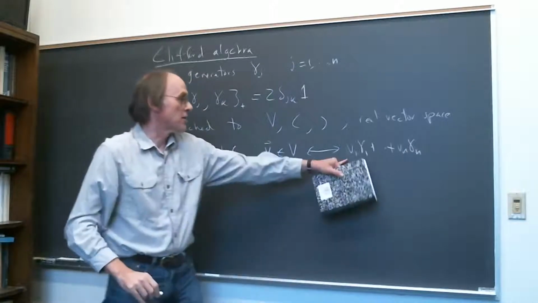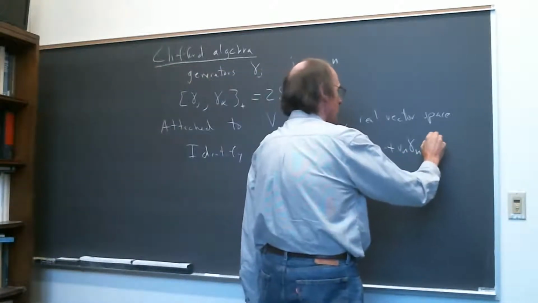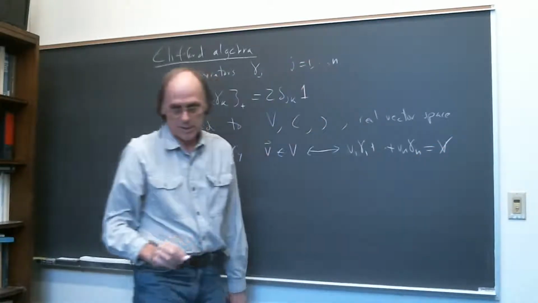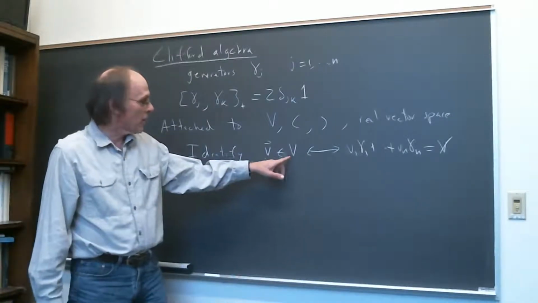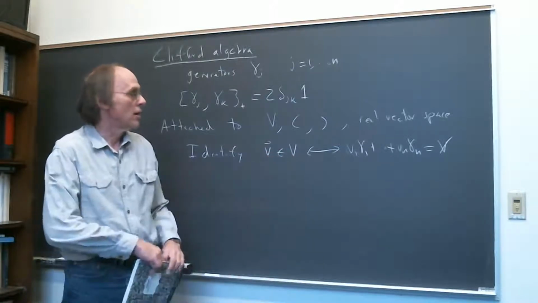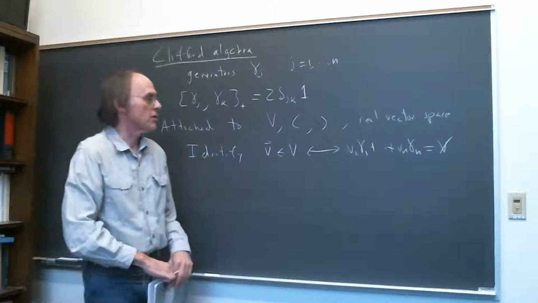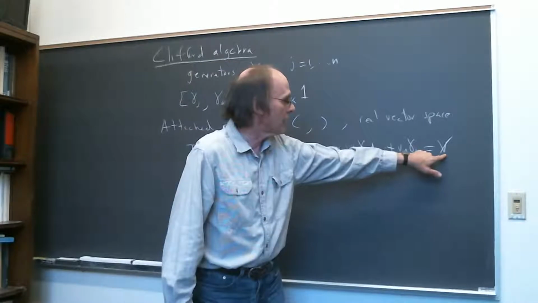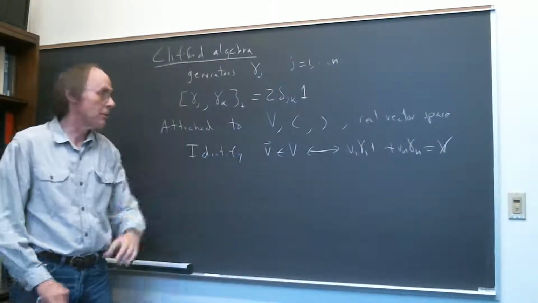So you just take the components of v and multiply them by the gamma matrices, and you'll sometimes also write this as v slash. This is the Feynman slash notation. So you've identified the elements of the vector space with Clifford algebra elements, sitting inside a certain subspace of the thing spanned by the generators of the Clifford algebra.